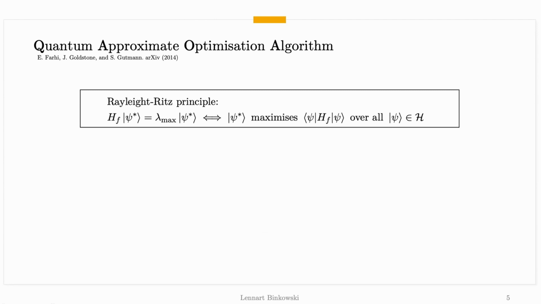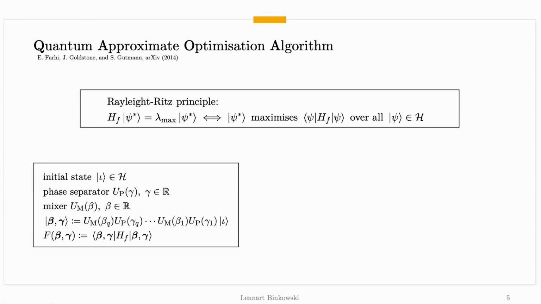It fundamentally relies on the Rayleigh-Ritz principle, which states that some state psi star is a highest energy state of a Hamiltonian H_F if and only if the expectation value of H_F is maximized within that state psi star. So by this, we can translate the question of finding a highest energy state into a maximization task for the expectation value. That's something we can control way better because we have a concrete numerical quantity.